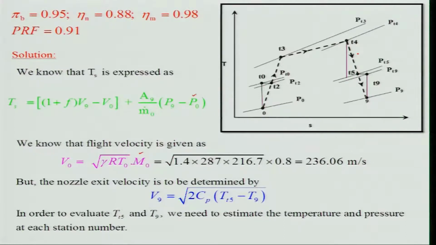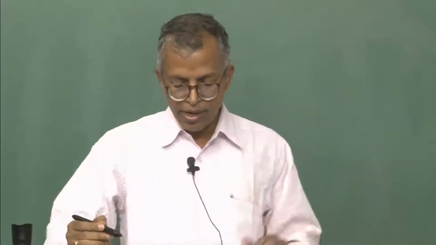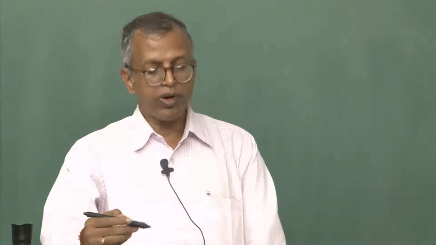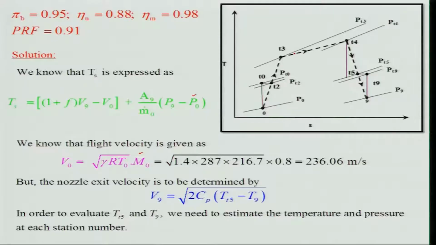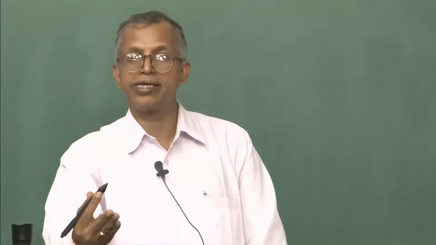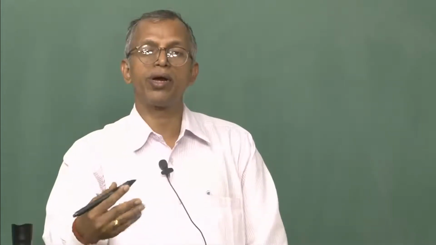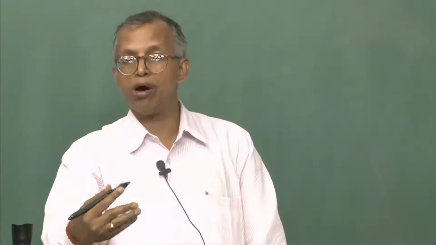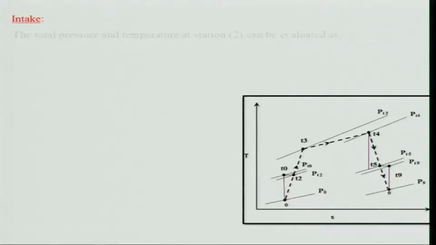So, that we need to look at, and here we will be doing all those things, starting from station 0 onwards and see how we will go. It is the usual procedure that we had followed for an ideal cycle, but we will be incorporating various values of the efficiencies and pressure losses as we go along, right.